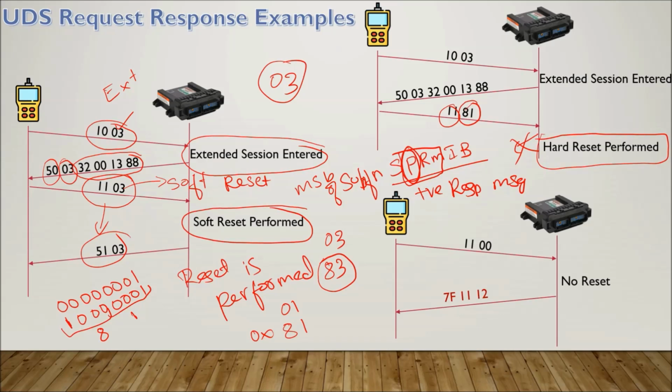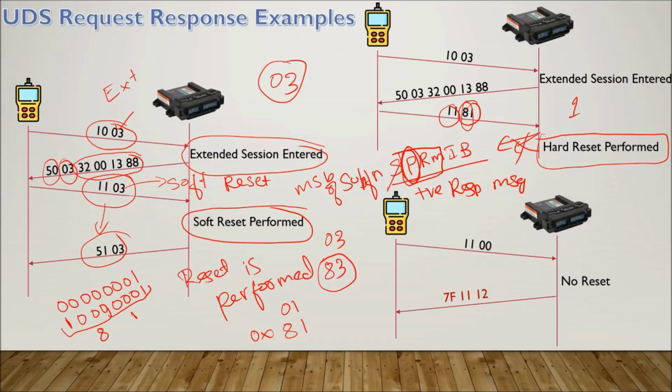This is not negative response message. If the response message is negative, then the reset will not be performed, but a negative response will be sent. Here in this example, we are assuming that the ECU reset can be performed. All the checks gave a positive result. So we were supposed to get a positive response, but because the MSB of the subfunction is made 1, we will not send the positive response. The positive response message is suppressed.